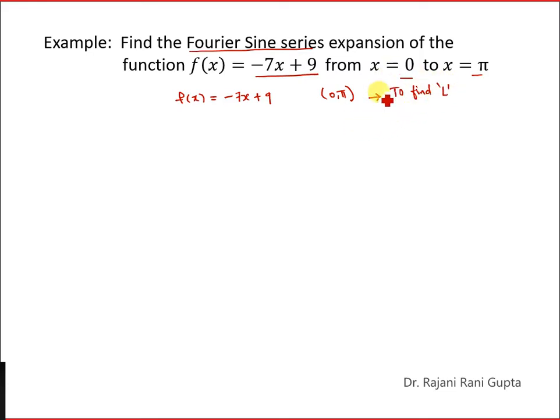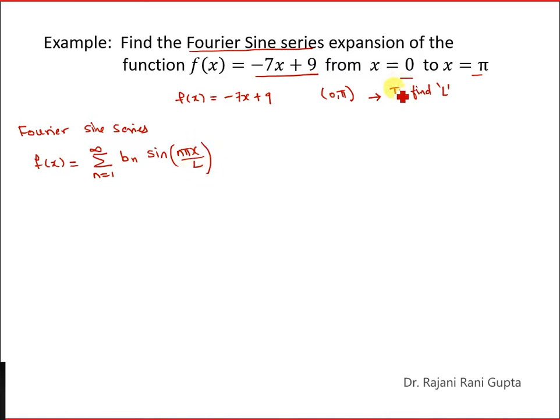As we know, the Fourier sine series is f(x) equal to summation n from 1 to infinity of bn sine(n pi x over L).